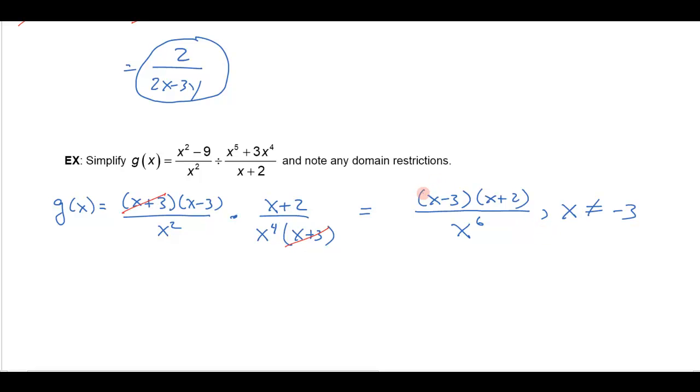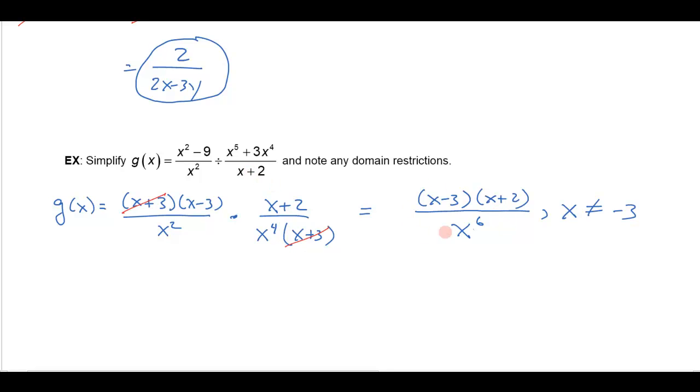Or that will be the domain restriction. So the only other concern about domain restrictions would be right here. You can see that certainly in the original problem I wouldn't want x to be 0, because that would make division by 0. And in this problem right here, I also wouldn't want x to be negative 2, because that would make division by 0.